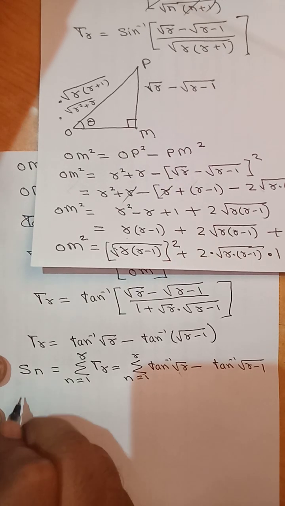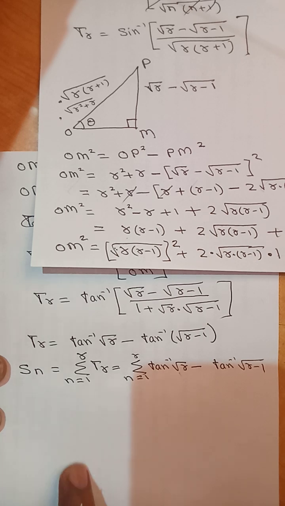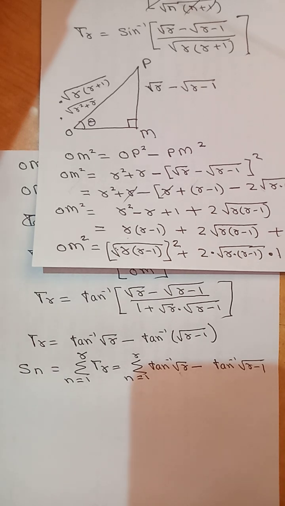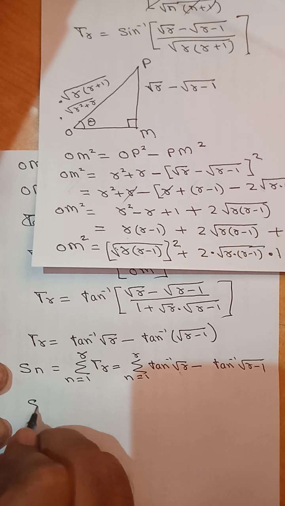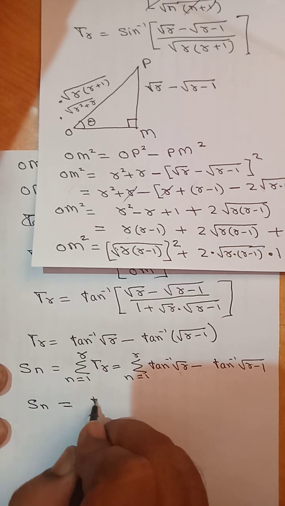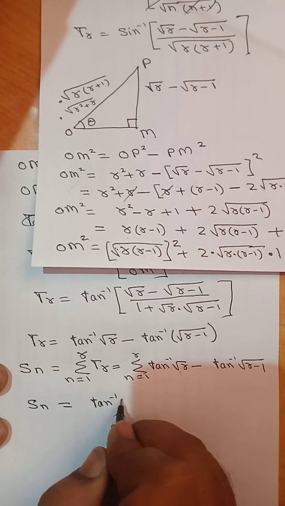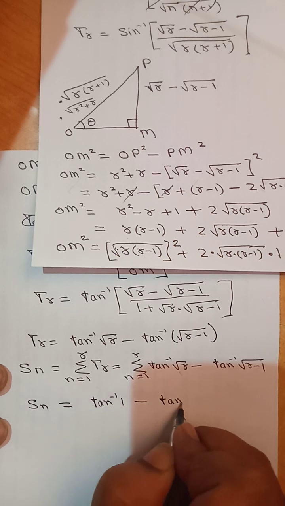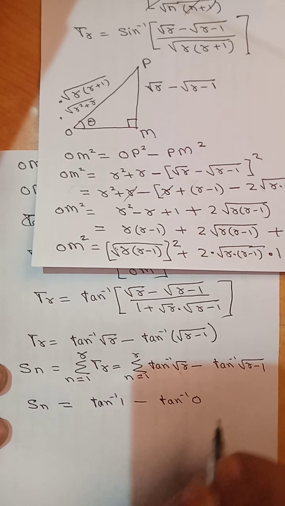See here, for n equal to 1, n equal to 2, n equal to 3, up to infinity we have to solve. For n equal to 1: tan inverse of 1 minus tan inverse of 0.